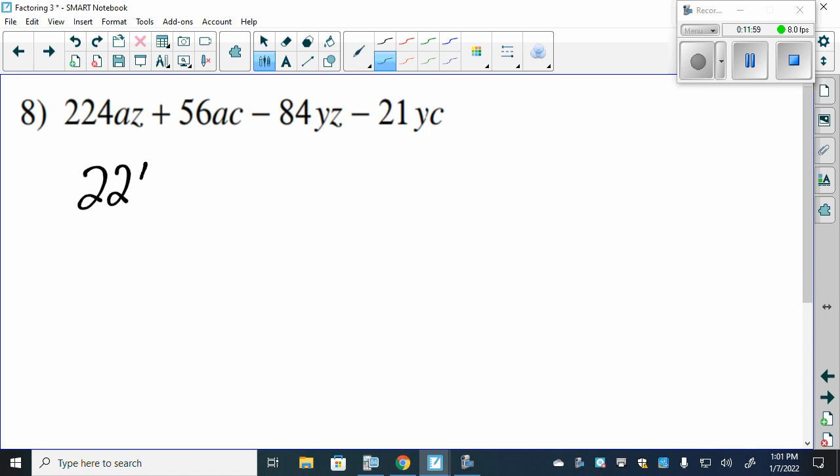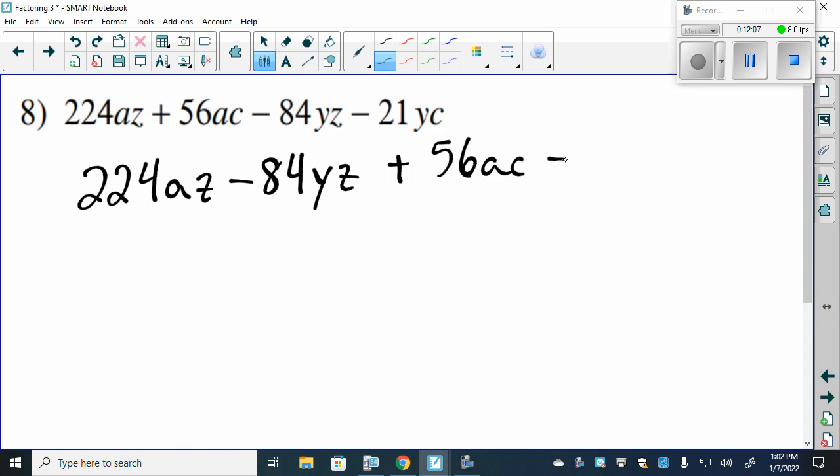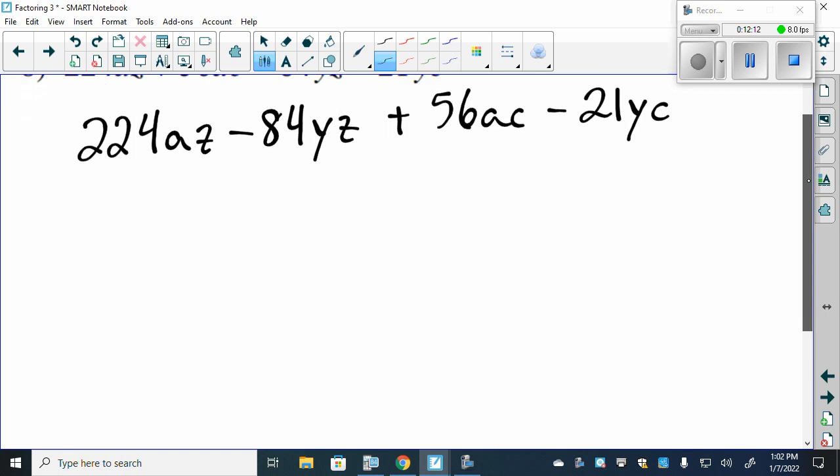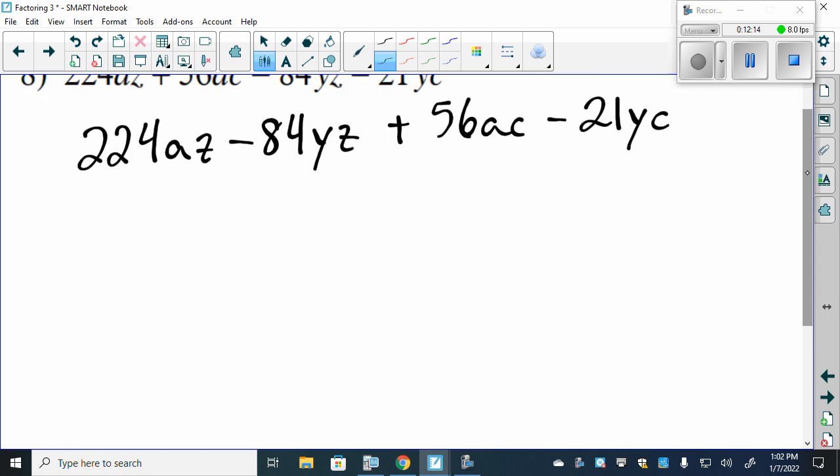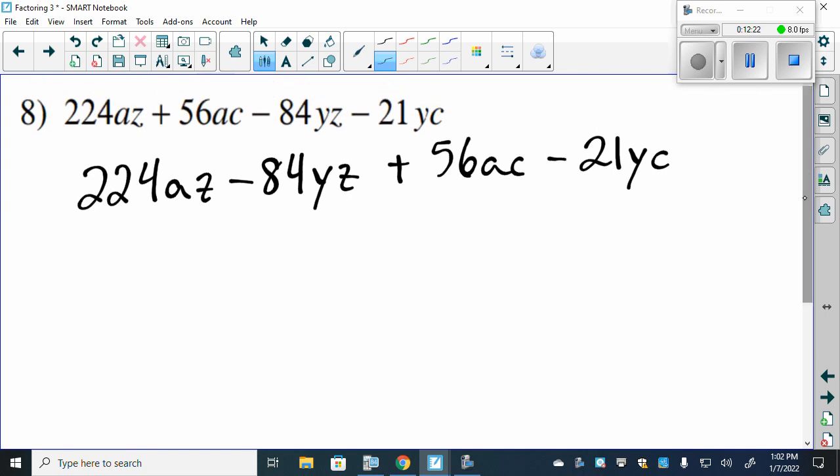So do 224az minus 84yz plus 56ac minus 21yc. Because it would work either way.